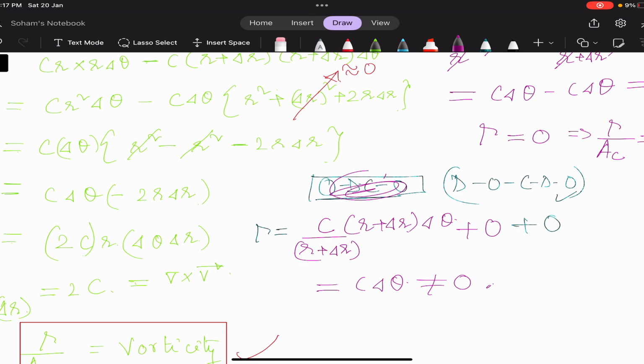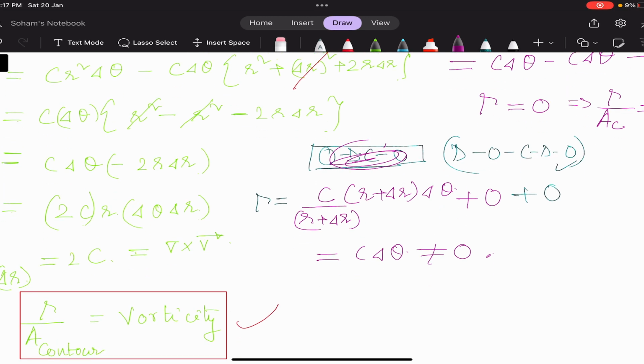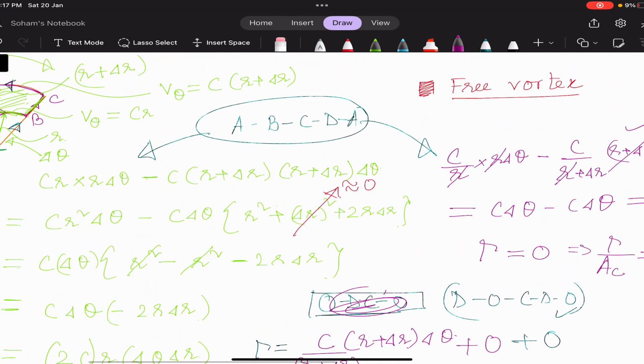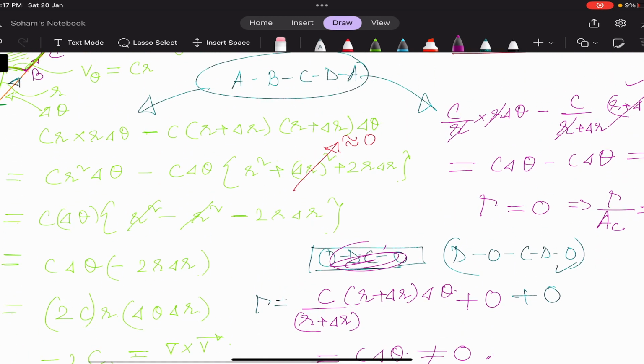So then it contradicts. For one contour we are getting that the flow is irrotational, and for the other contour we are getting a non-zero circulation, that means the flow is rotational. So where is the catch?